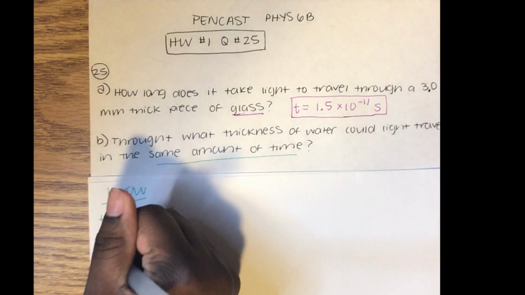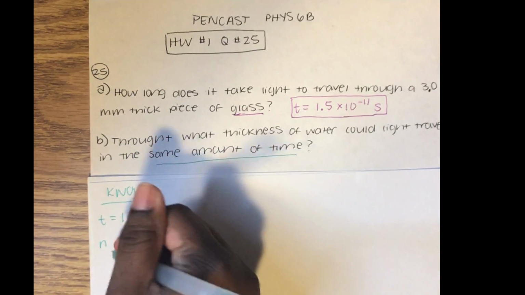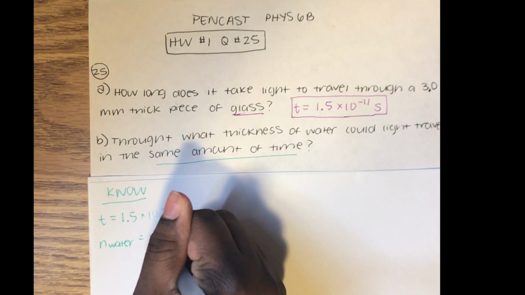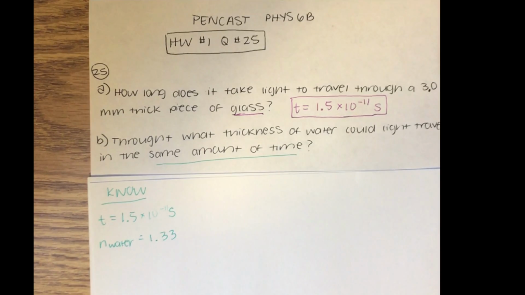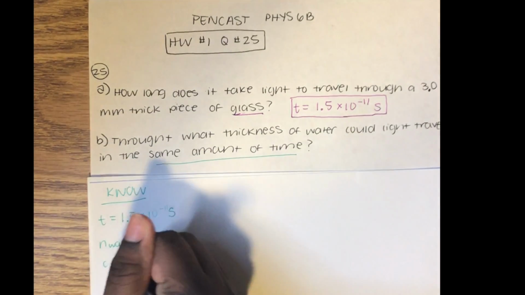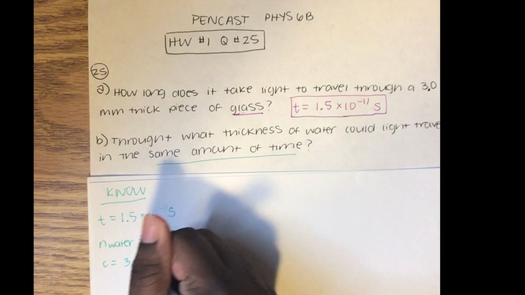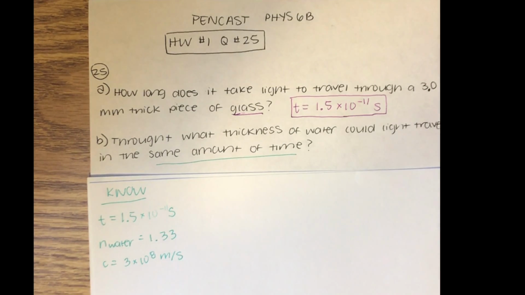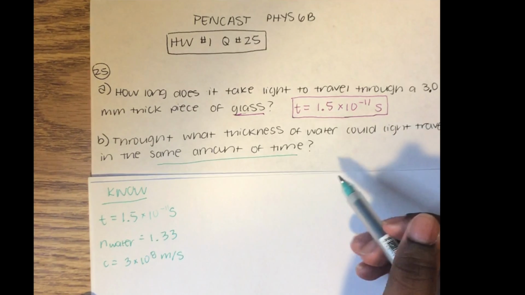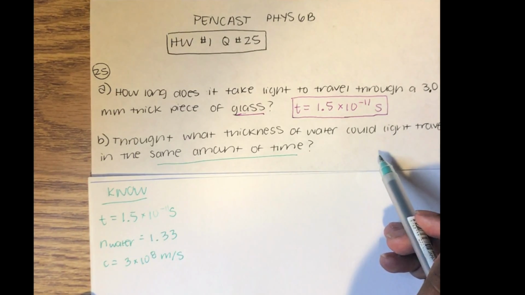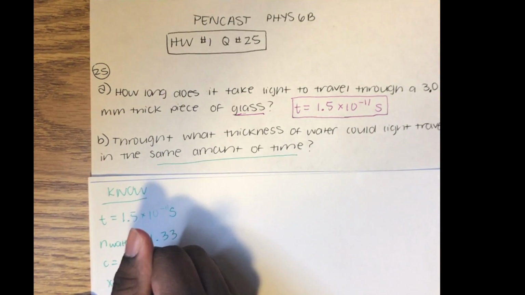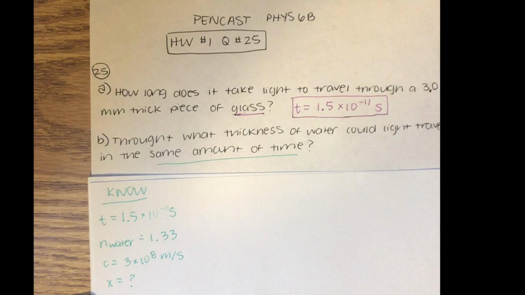We also know in the text in table 20.2, the index of refraction for water is 1.33. Again, we also know the speed of light is given, which is 3 times 10 to the 8th meters per second. And we want to figure out through what thickness of water could light travel. Therefore, we are trying to figure out what is x, the distance.